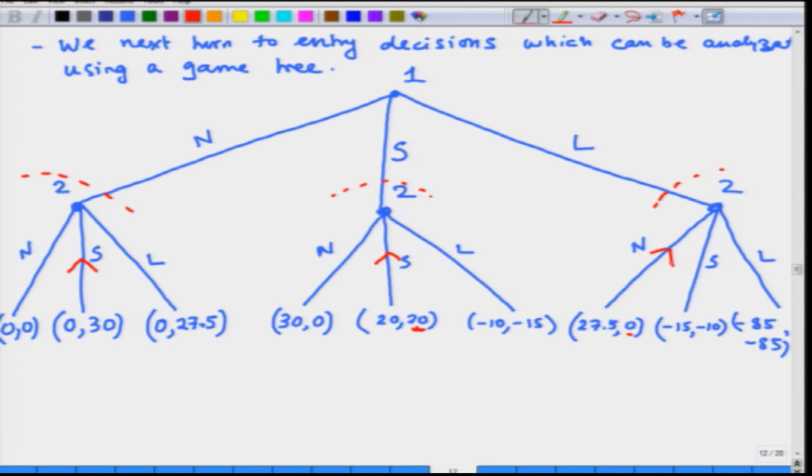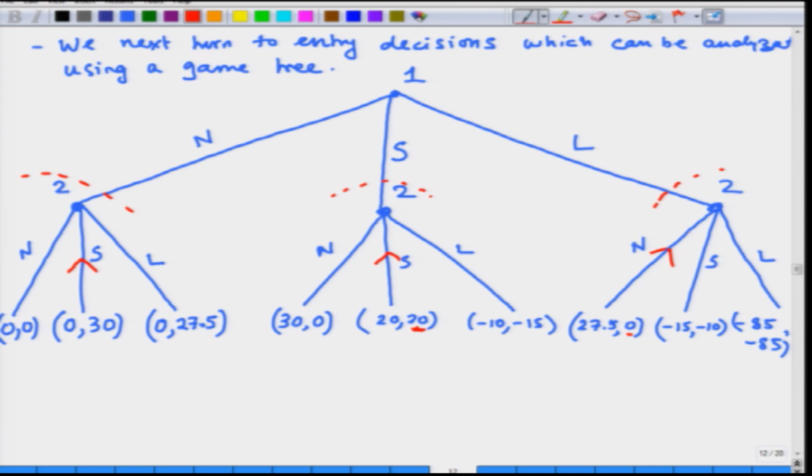So now in stage 2 we have analyzed each one of the sub games and we figured out that if firm 1 decided to not enter, firm 2 would build a small capacity. If firm 1 decided to set up a small capacity, firm 2 would respond also by entering and investing in a smaller capacity, and if firm 1 decided to build a large capacity, then firm 2 would decide not to enter at all.